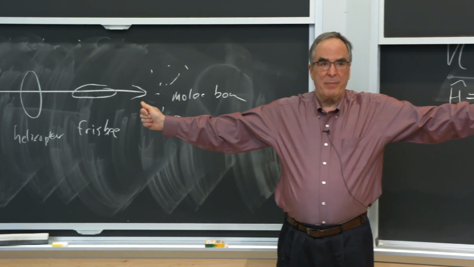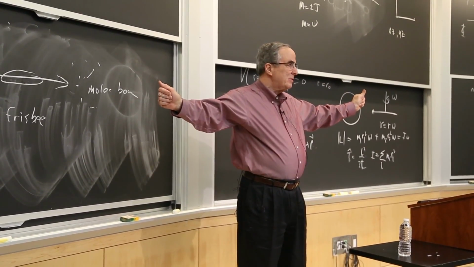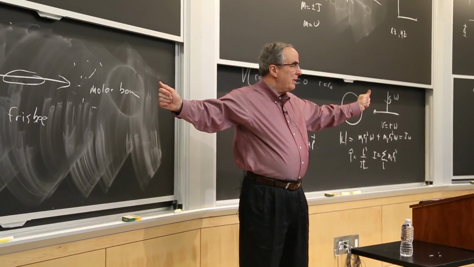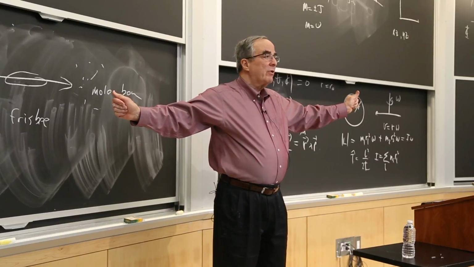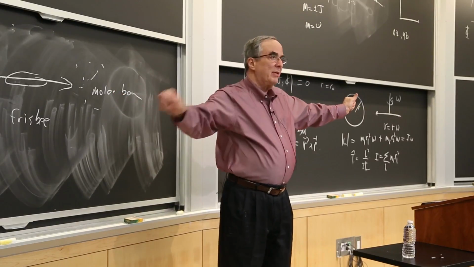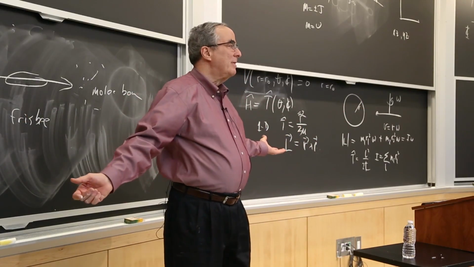Suppose we have a diatomic molecule which is positive on one end and negative on the other. Okay? And we're going to apply an electric field. And if the electric field is in this direction and the molecule is doing this, the molecule doesn't care.